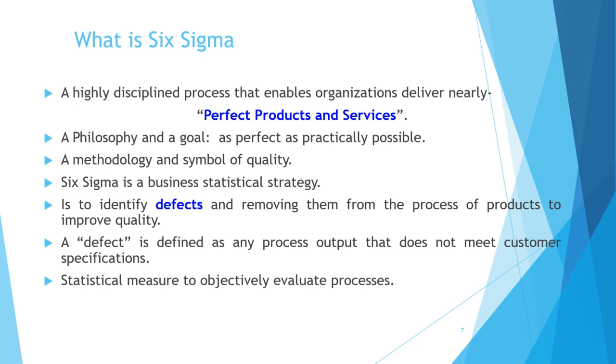And what is a defect? The defect is any process output that does not meet or does not satisfy the customer specifications or customer expectations. And it can also be termed as a statistical measure to objectively evaluate multiple processes.